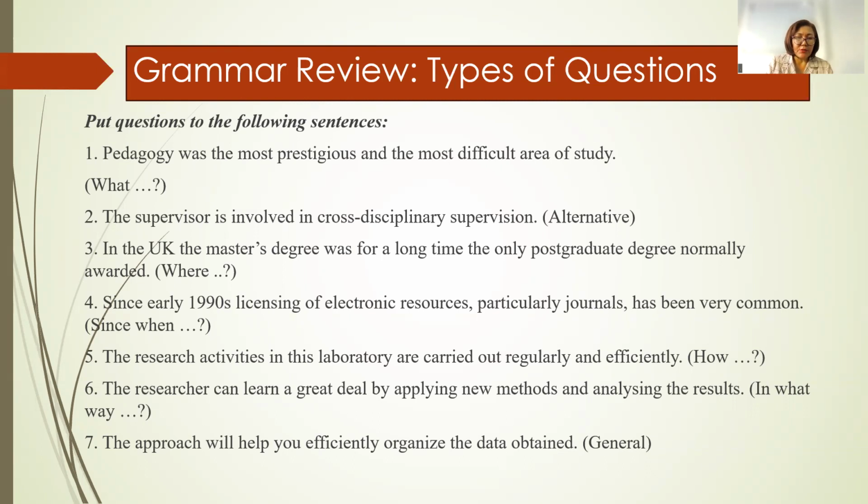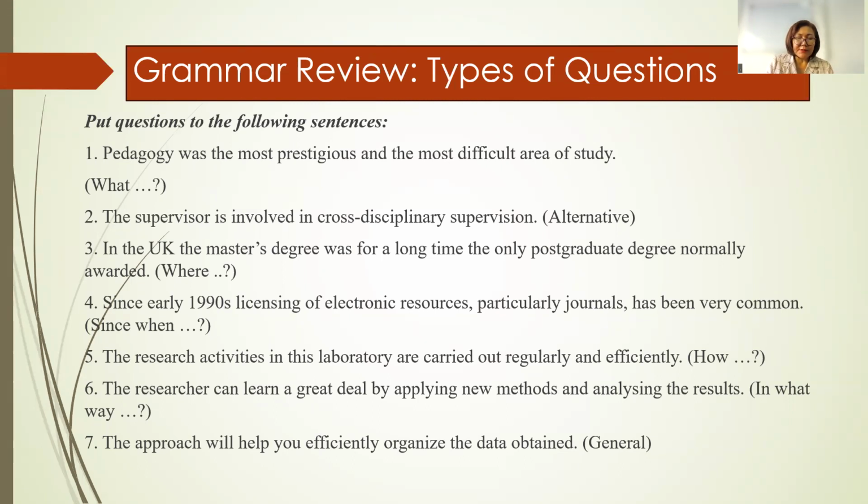Okay, next question. Since the early 1990s, licensing of electronic resources, particularly journals, has been very common. Here you can use the question words since when. Since when has licensing of electronic resources been very common?